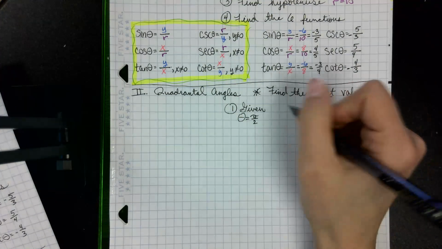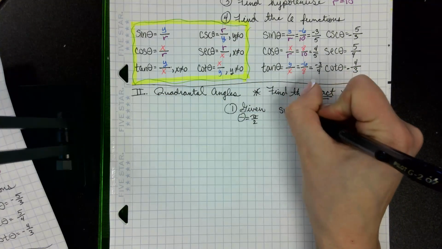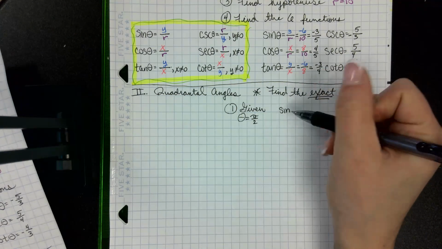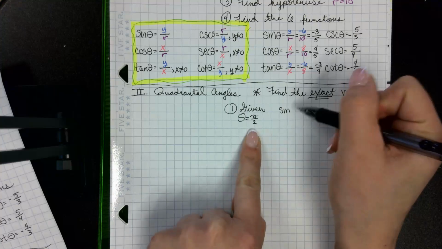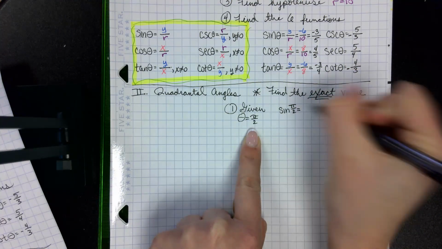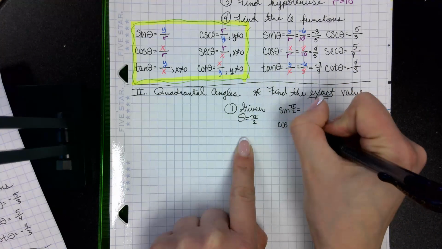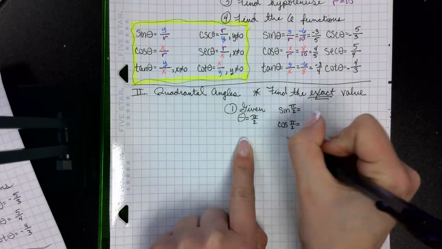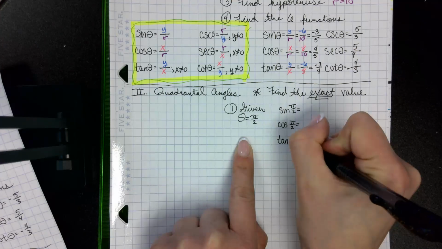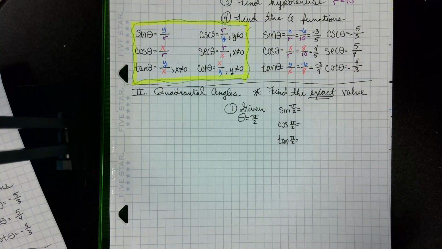So we know that. We're looking for sine. Instead of writing theta, we know what theta is. So sine of pi over 2. And cosine of pi over 2. And tangent of pi over 2. And then we'll do the others also.